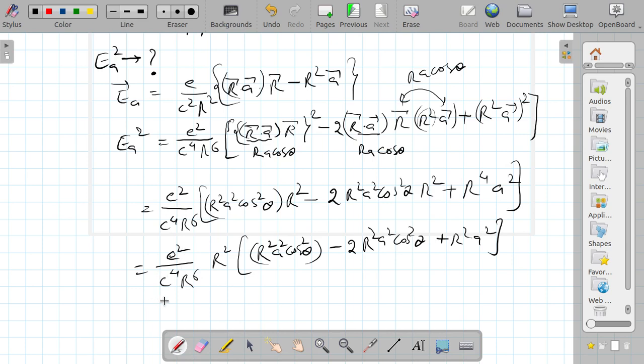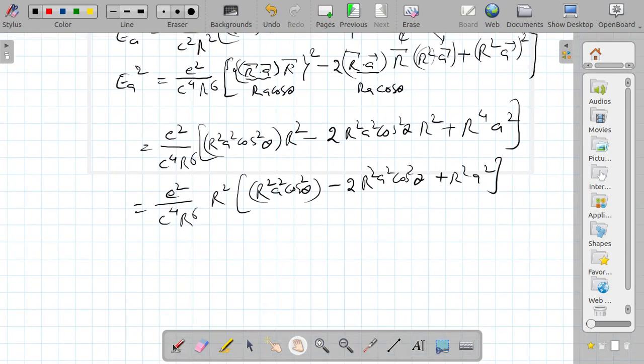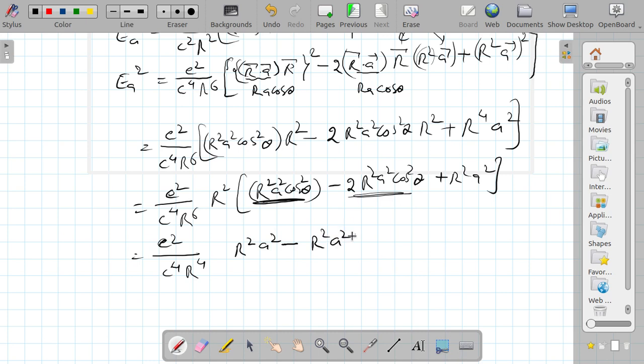So now it is equal to E square over C^4 R^4, and if I club these two terms, then it will remain with R square A square cos square theta. So it can be written as R square A square minus R square A square cos square theta, right?